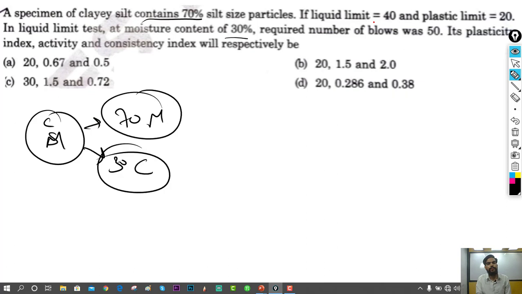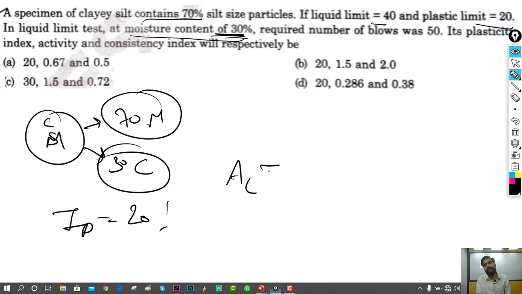Our liquid limit is 40, plastic limit is 20, and the moisture content is just the natural moisture content. So we have to find first its plasticity index. What is the formula of plasticity index? It is liquid limit minus plastic limit, which is 20. And second, we have to find the activity number.